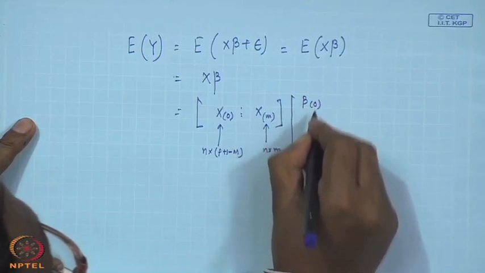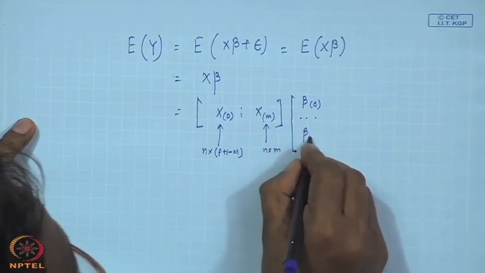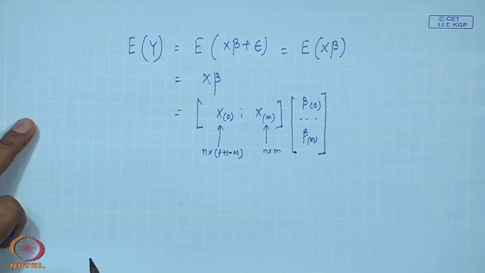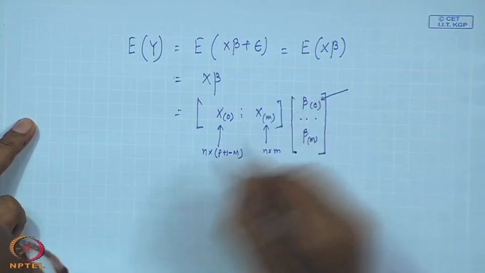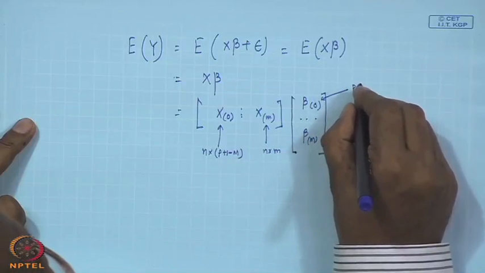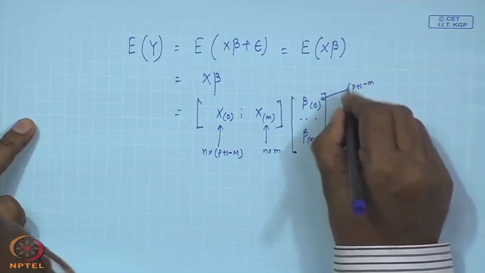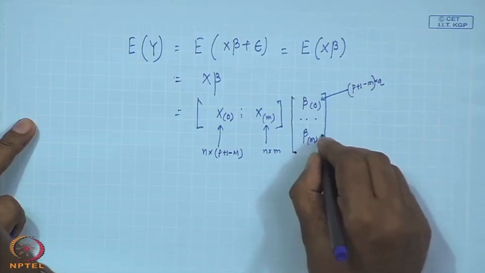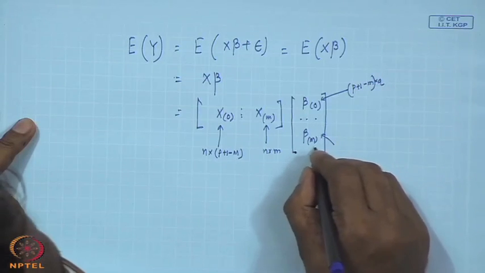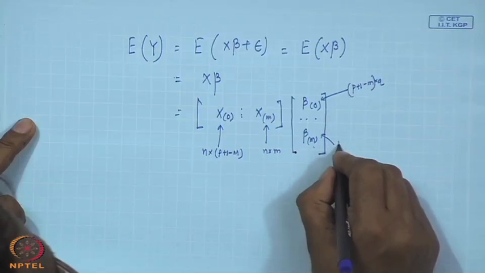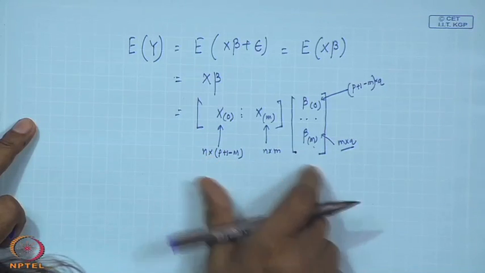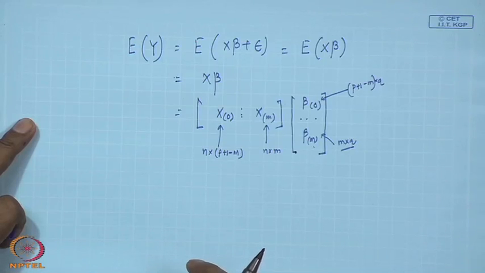Beta 0 is P plus 1 minus m cross q, and beta m is m cross q, so the resultant will be n cross q.